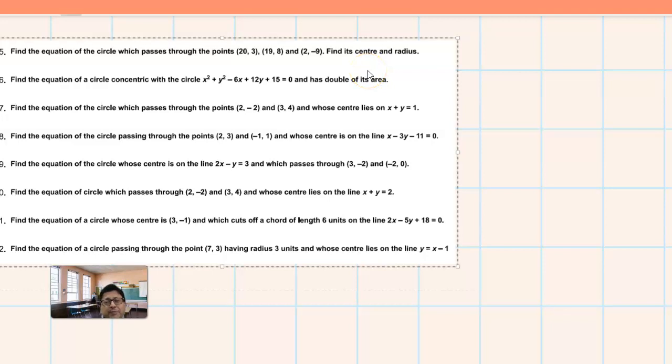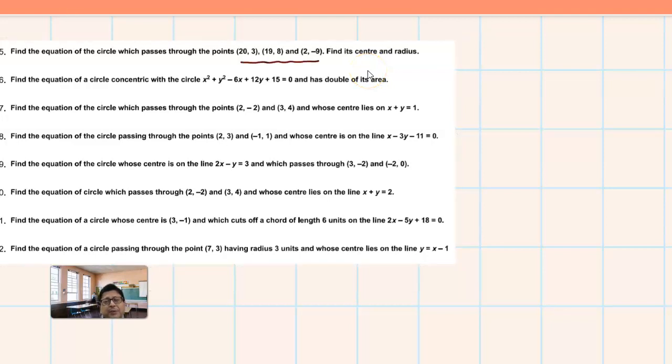Number 15 will not be a problem for you because 3 points are given. You will be taking the circle as x square plus y square plus 2gx plus 2fy plus c equal to 0. You will pass it through these 3 points and then solve for g, f, c to get the equation. This one also you have just done, it's not a problem, but this one we haven't solved yet.